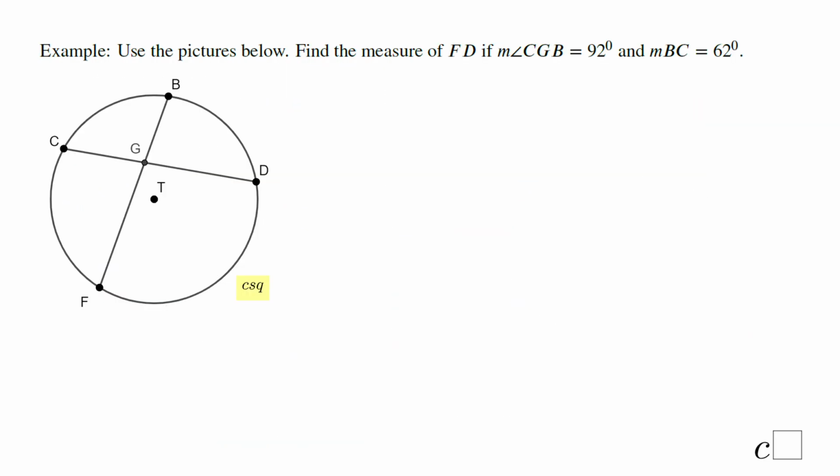Sometimes you have to go backwards and find the measure of an arc. Like in this case, find the measure of arc FD. I should have this arc here.